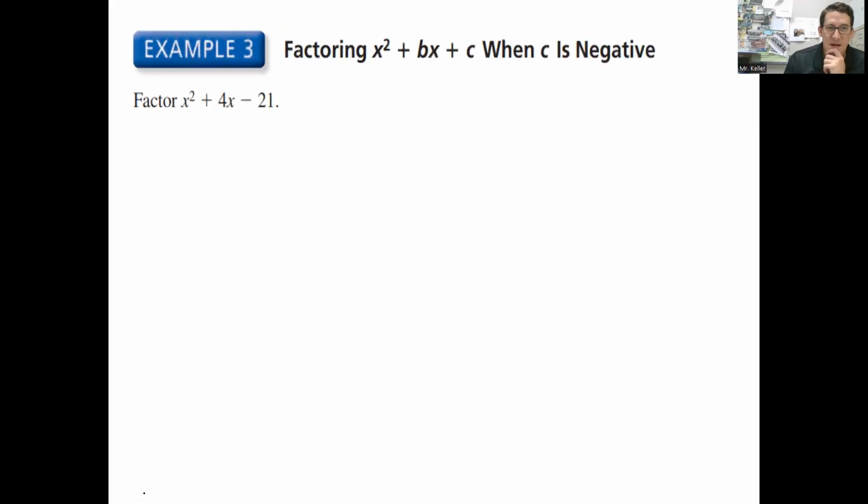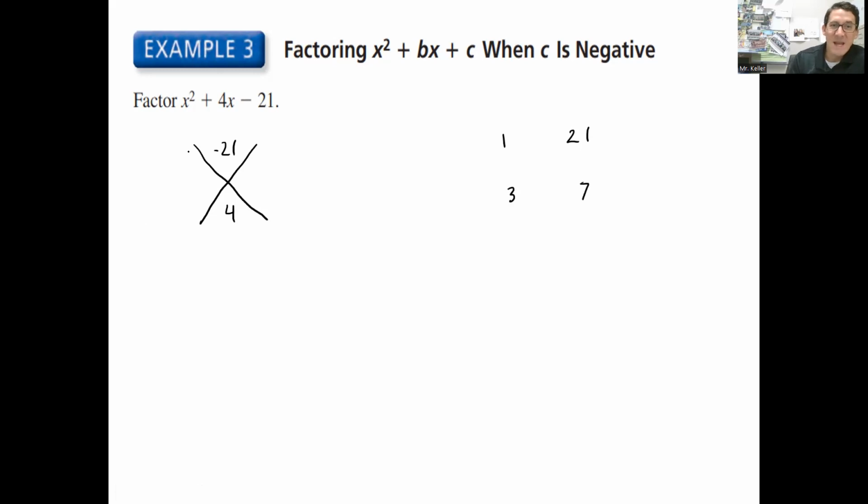All right. Next example. I'm going to do it all here. Again, that minus belongs to the 21, so it's going to be a negative 21 on top, 4 on bottom. What are pairs of numbers that multiply to get negative 21 and add to get 4? For 21, you multiply 1 times 21, and then 3 and 7.